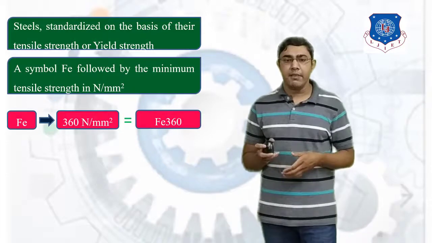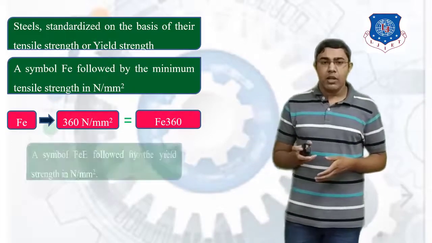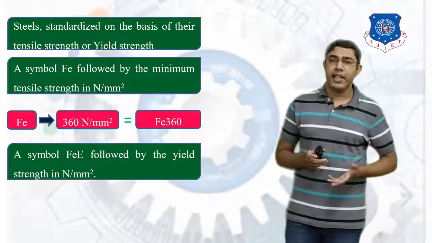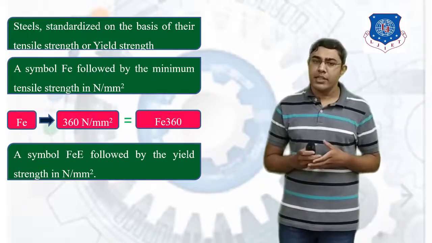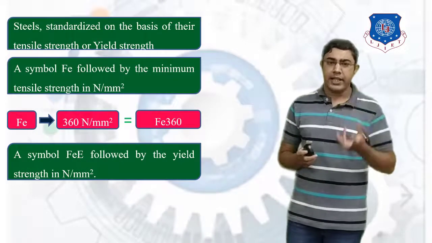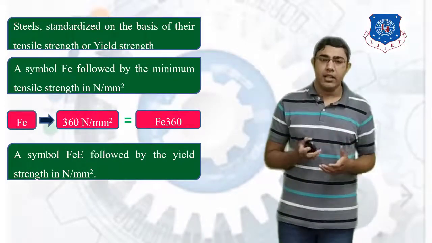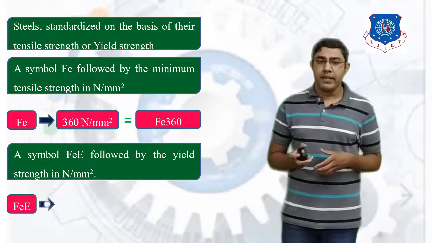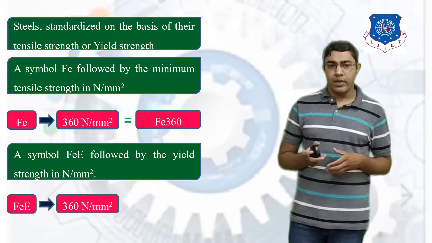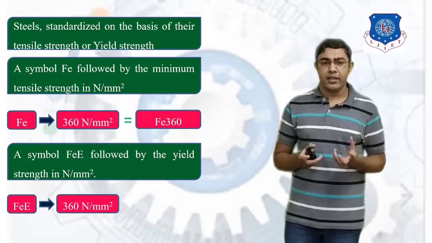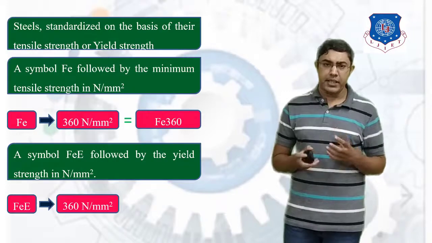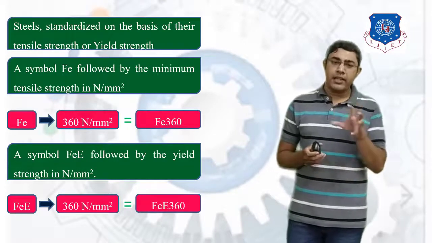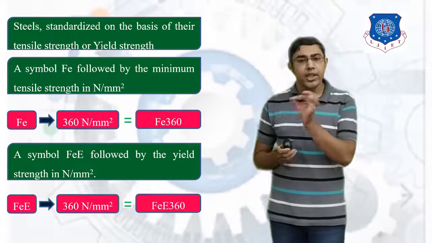Now the second method is based on the yield strength. For that, a symbol Fe followed by the yield strength in Newton per mm square is used. So how to designate according to the yield strength? A symbol Fe is used followed by the yield strength, 360 Newton per mm square, is equal to Fe 360.